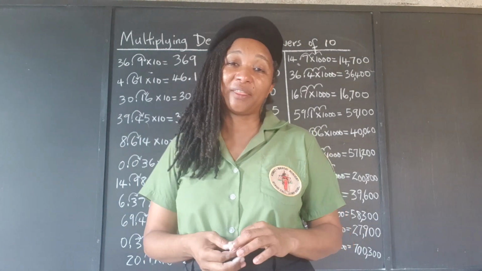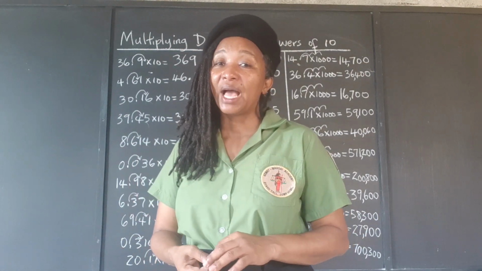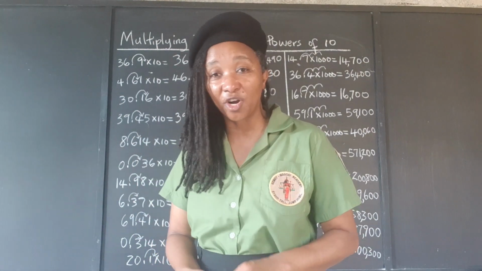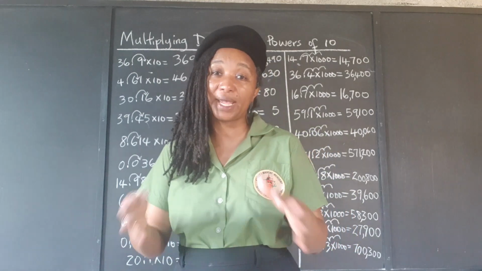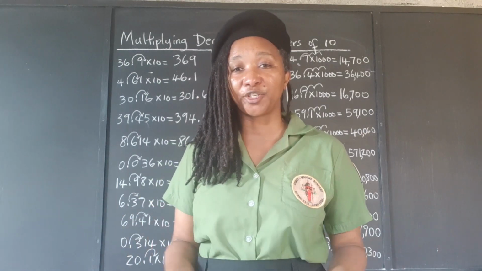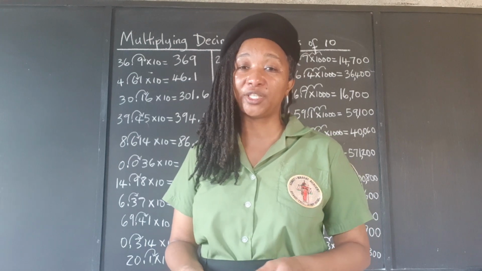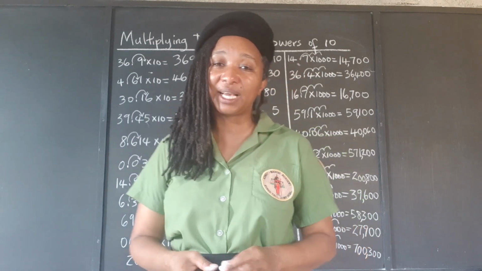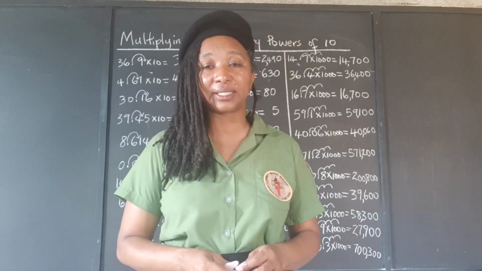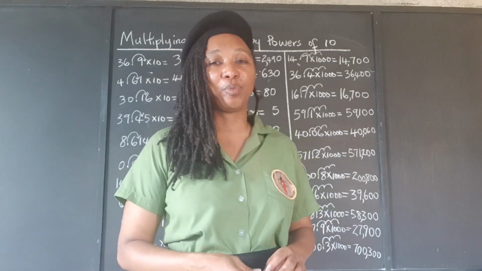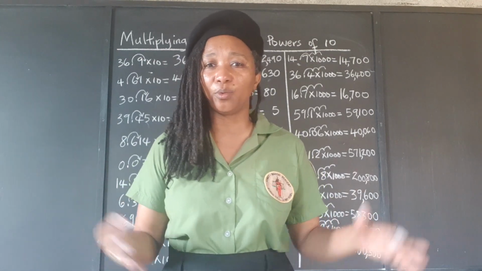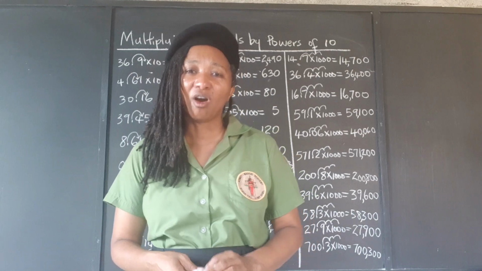So this is what mathematicians discovered, and they have made life simpler for us now, so we can just go straight to using the pattern, right? So we have to take advantage of the work that others before us have put in. We don't have to go again and do it all over all the time.